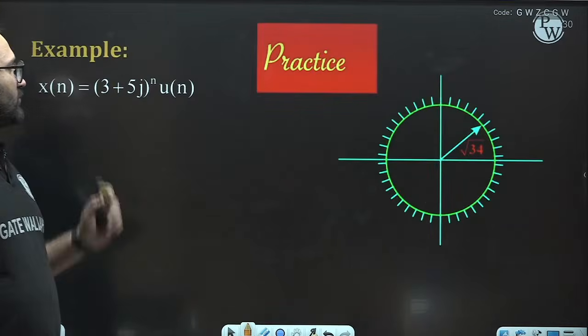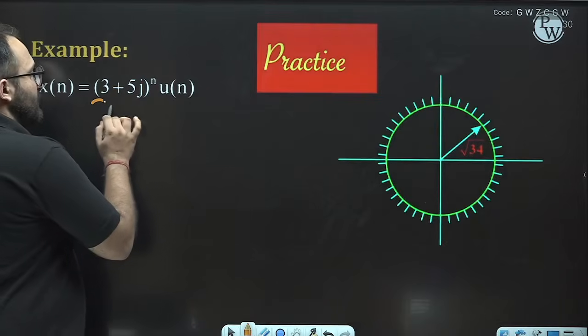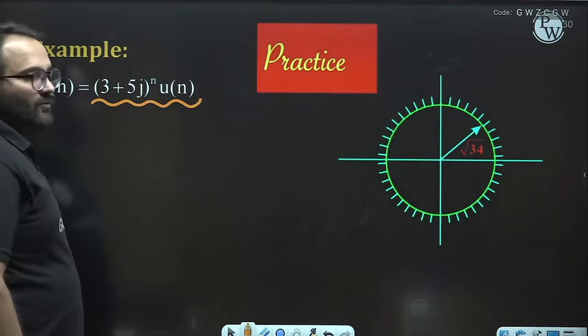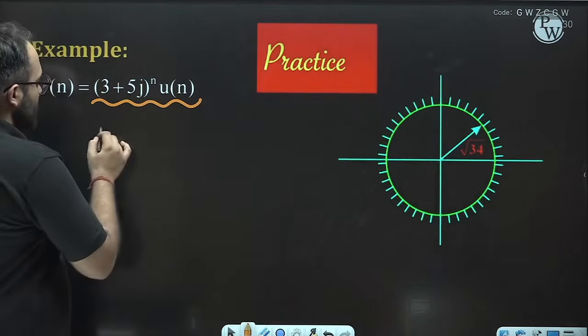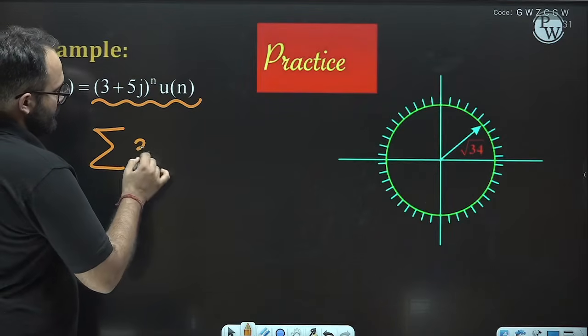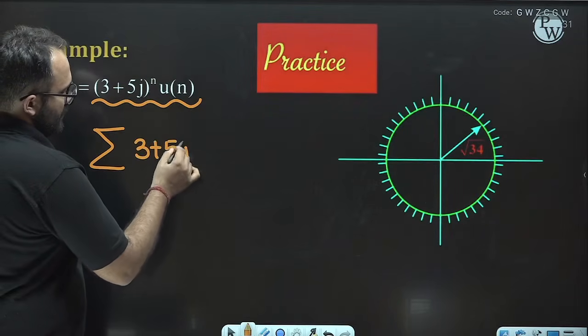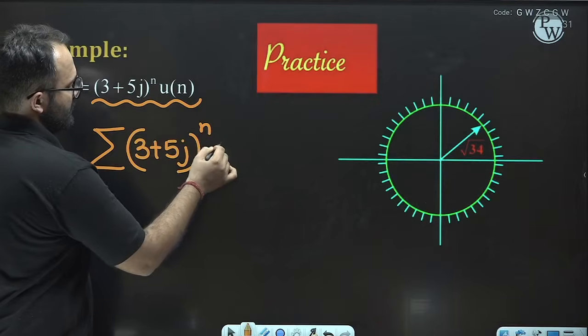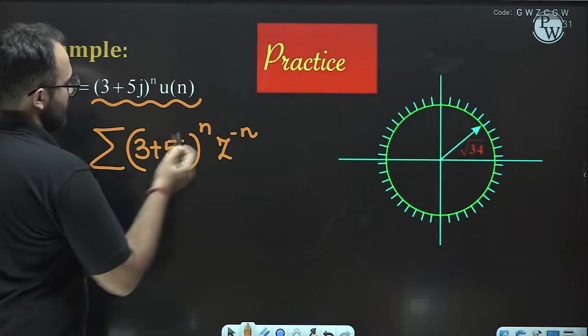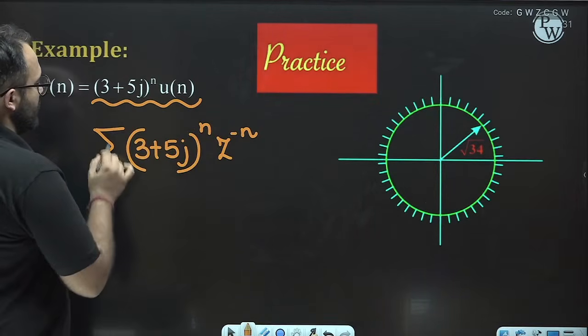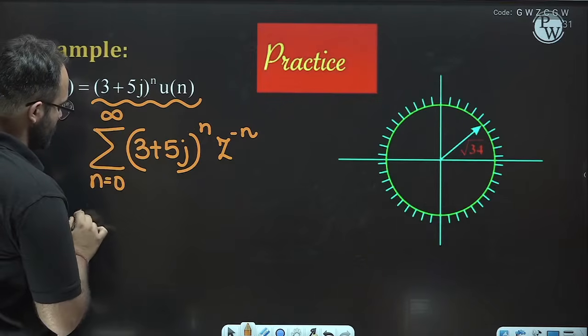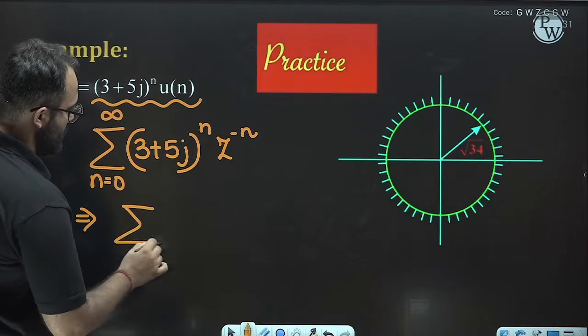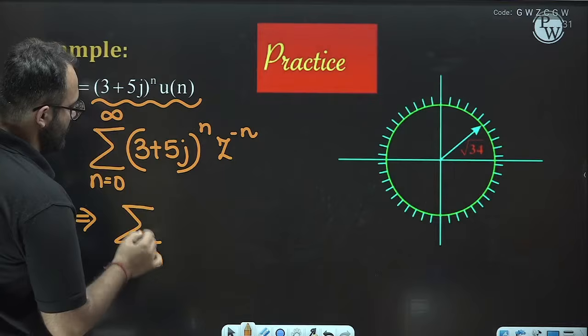Now we have one more case: (3 plus 5j) to power n u[n]. So same formula, the summation of (3 plus 5j) to power n, z to power minus n, will go from 0 to infinity.